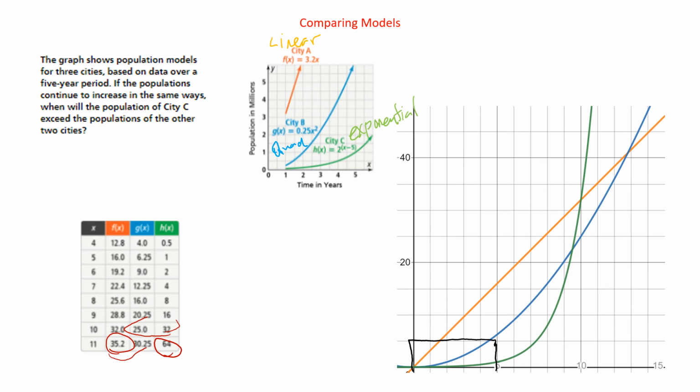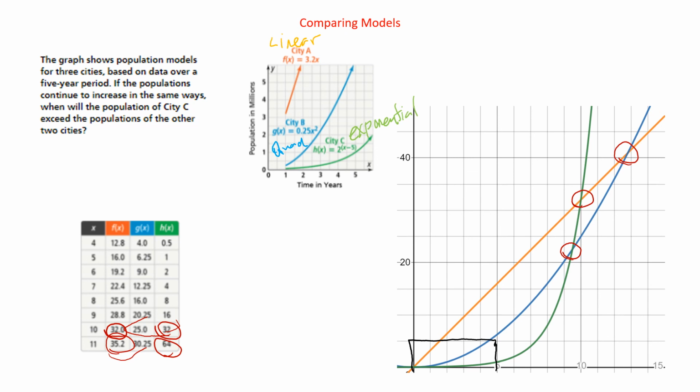Didn't really show us much. But we can see that in between years 9 and 10, city C passes city B, and then right about year 10, city C passes city A. In fact, it's equal at year 10. And then if we expand out year 11, 12, in between 12 and 13, B actually gets ahead of A as well. But the exponential function will keep growing faster and faster and faster, so the others won't ever catch back up to it again. It won't curve down.